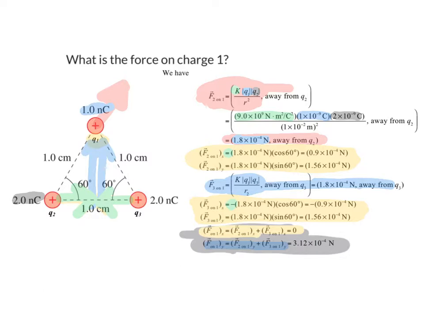So down here in the bottom, the net effect in the x direction is going to be this one and this one, which computationally they're equal and opposite.